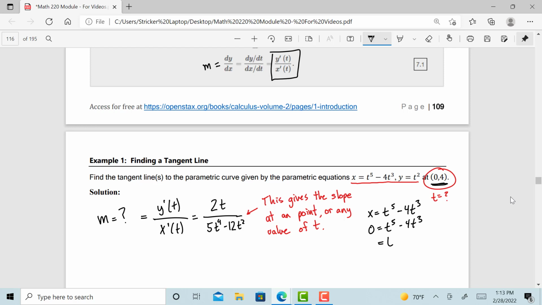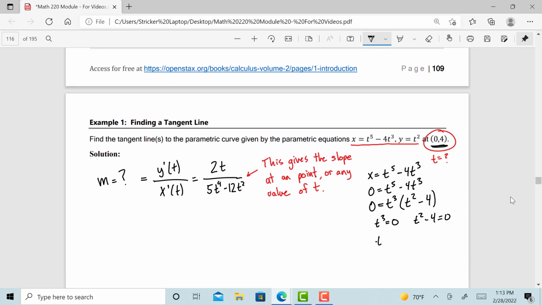So we can factor out a GCF of t cubed, and that's going to leave t squared minus 4. And then that means that t cubed is equal to 0, and it also means that t squared minus 4 equals 0. The first one tells us that t is equal to 0, and the next one says t squared is equal to 4, which means t equals plus or minus 2. So we have actually 3 answers there that will make x equal to 0: 0, positive 2, and negative 2.